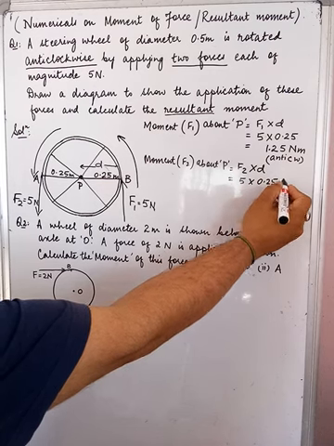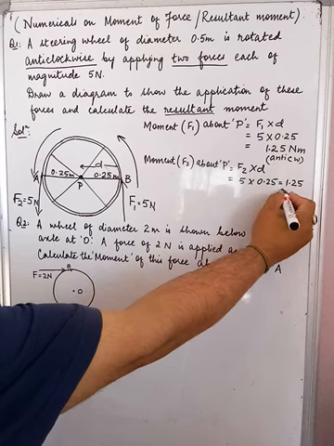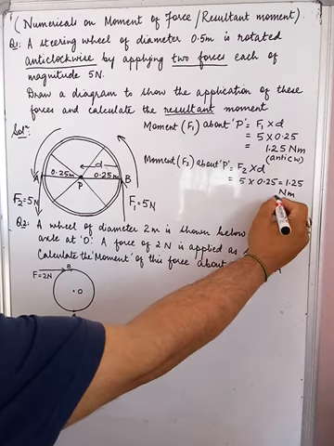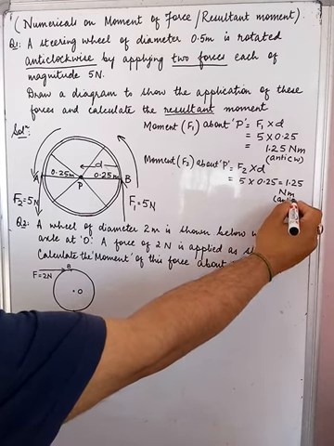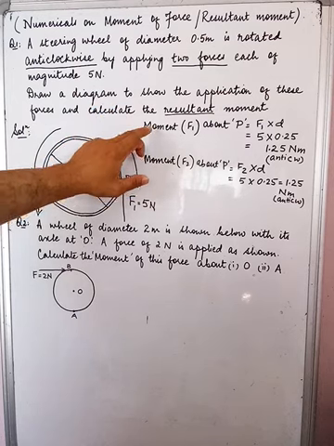So you have 0.25, so you have 1.25 Newton meter anti-clockwise once again.